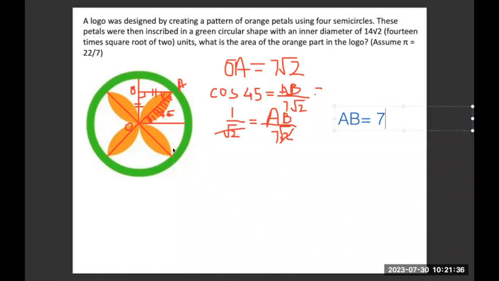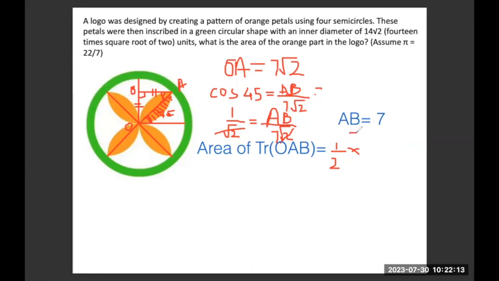Now, area of triangle OAB is equal to 1/2 into... what will be the area of OAB? Half of base into altitude. In a right angle triangle, base is AB and the altitude is also OB.